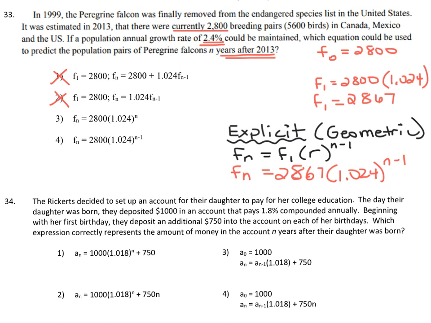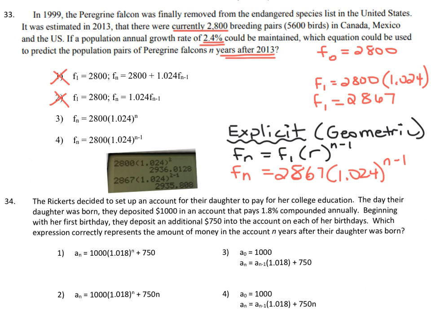So choice 4 is out. But let's just talk about why choice 3 is the answer. You can think about this one of two ways. You can figure out if choice 3 is equivalent to this by substituting in a number for n here and substituting in a number for n here and seeing if they equal each other.